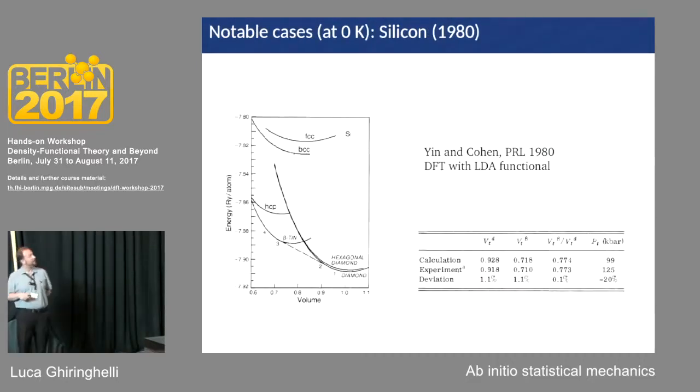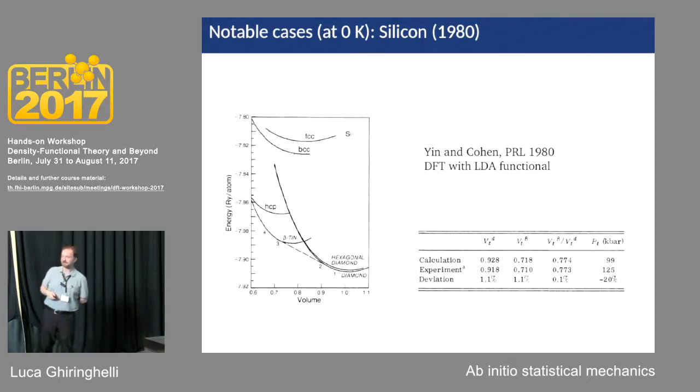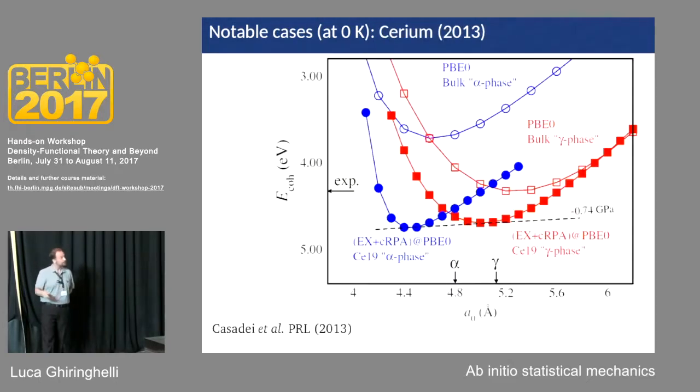This was historically the first time a phase diagram was calculated ab initio. Matthias has shown this the first day, Yin and Cohen in 1980. This is at 0 temperature, so the free energy is actually energy. So you get the coexistence at 0 temperature.